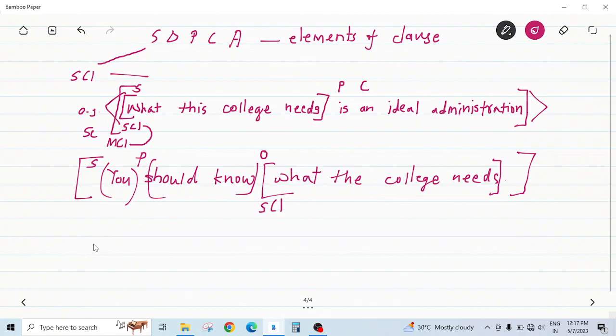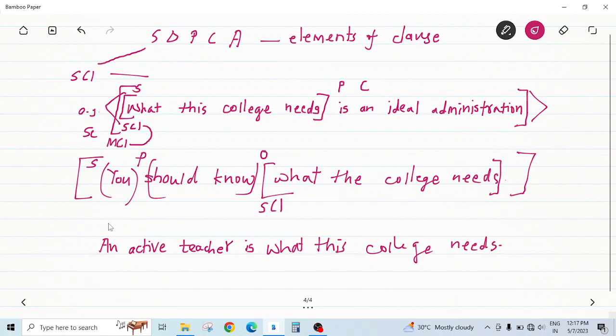Now one more example. An active teacher is what this college needs.